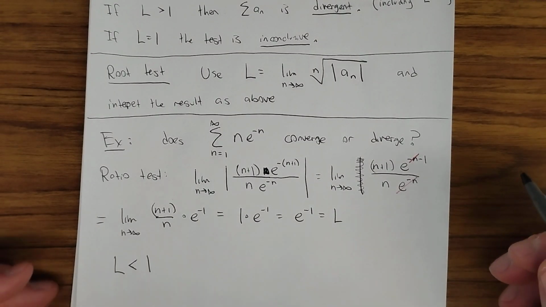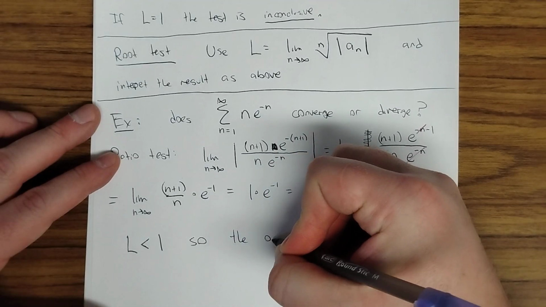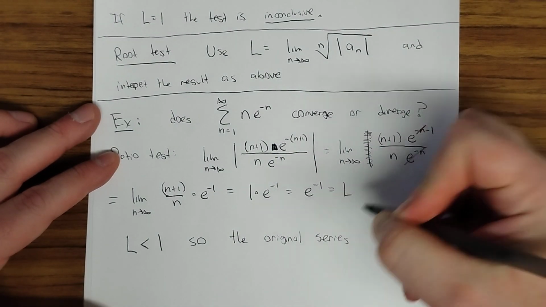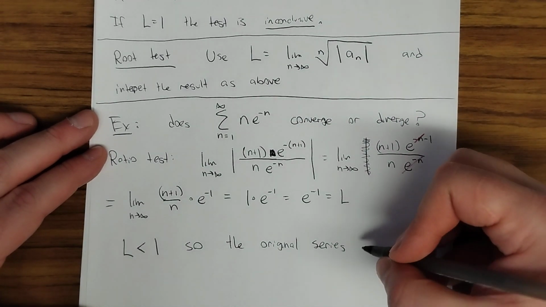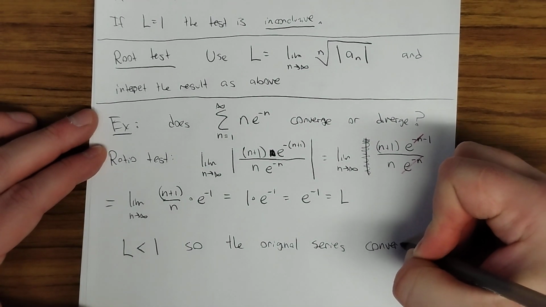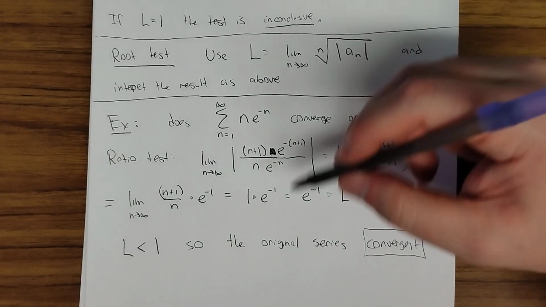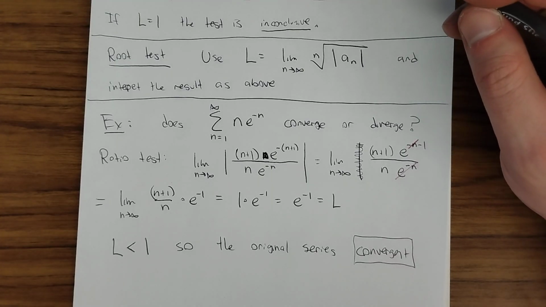We don't need a calculator or anything. So the original series is absolutely convergent. We weren't really asked that, so I'll just say convergent. And that was not nearly as much work as it takes to investigate this using the integral test.